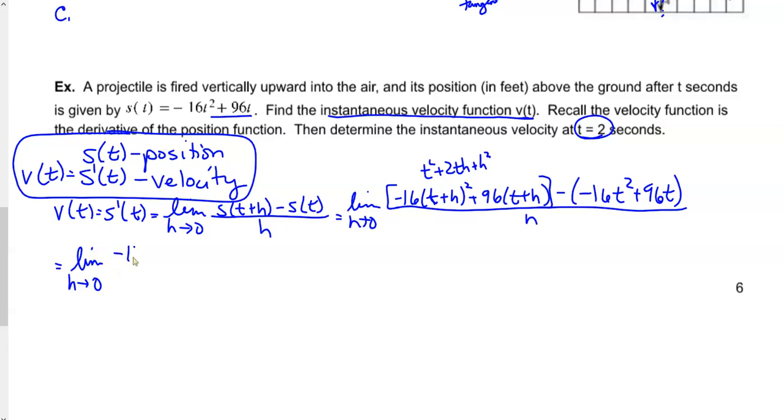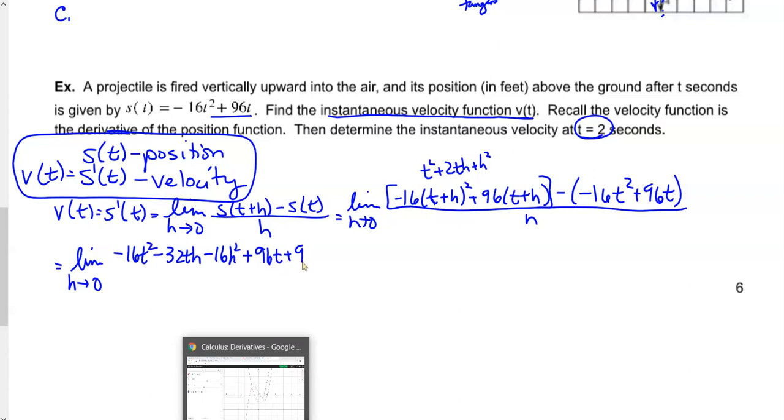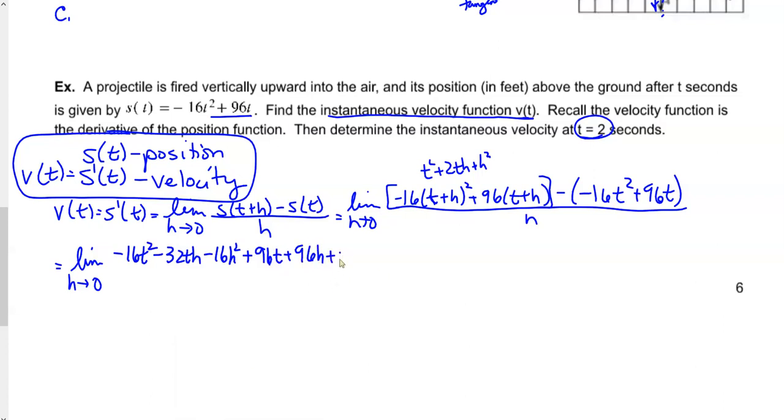So when I distribute the negative 16, I get negative 16t squared minus 32th minus 16h squared. I'm going to distribute that 96 through now as a 96t plus 96h. And then I'm going to distribute this negative through the last two terms. That gives me a plus 16t squared minus 96t, all over h.